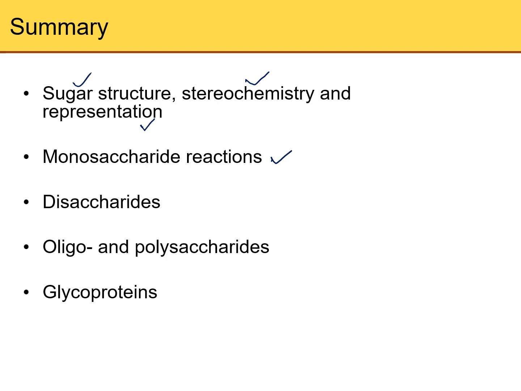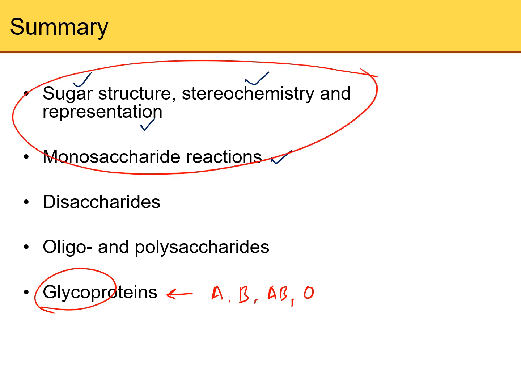Then we'll continue with disaccharides and polysaccharides, and remind you of the importance of carbohydrates attached to proteins, called glycoproteins, as cell surface antigens, like blood type. Remember we talked about blood types A, B, and O. These come from the glyco part of the protein on the membranes of red blood cells. So the plan is to finish this hopefully today.